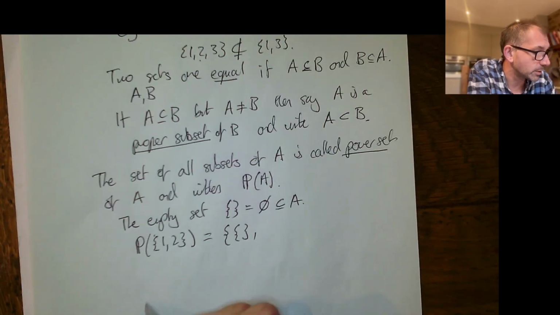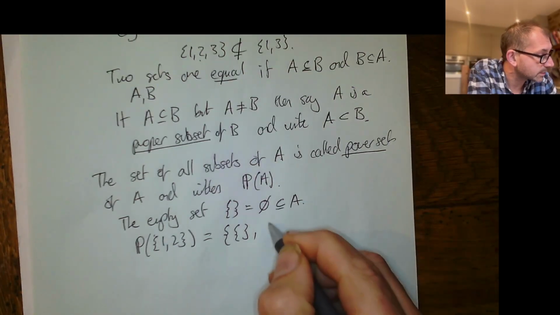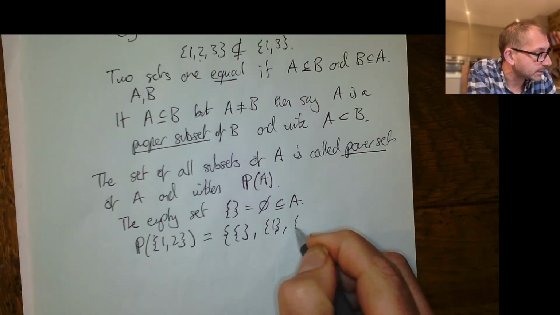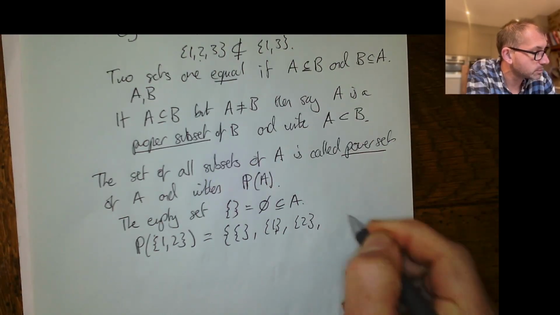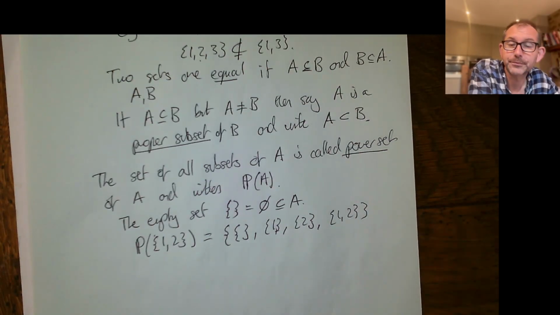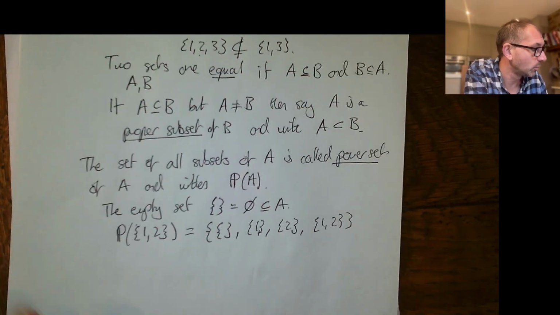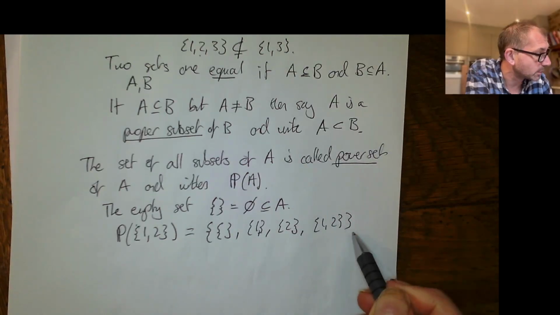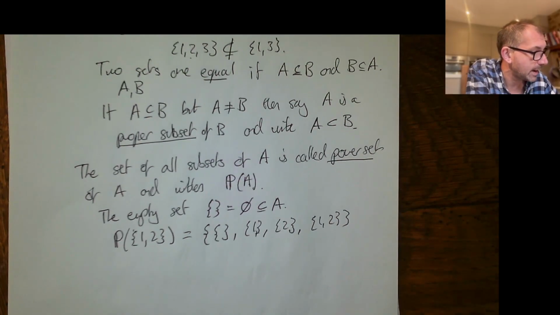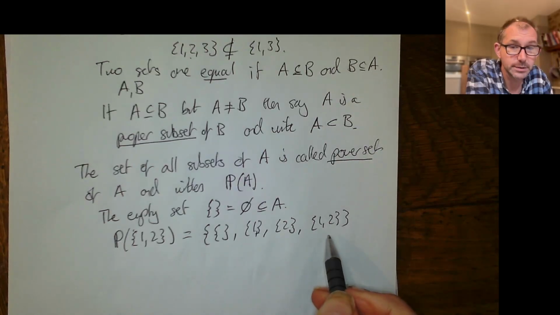And then let's look at the other subsets. So I can just take the set containing 1 on its own. I can take the set containing 2 on its own, or I can take the set 1, 2. So that contains all of it, and then I have to close it off. So I start with 2 elements and I end up with 4 subsets.